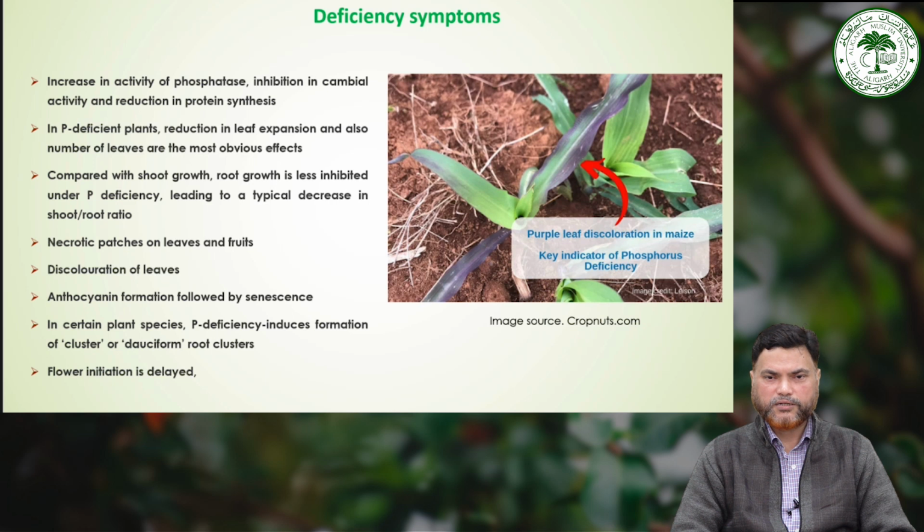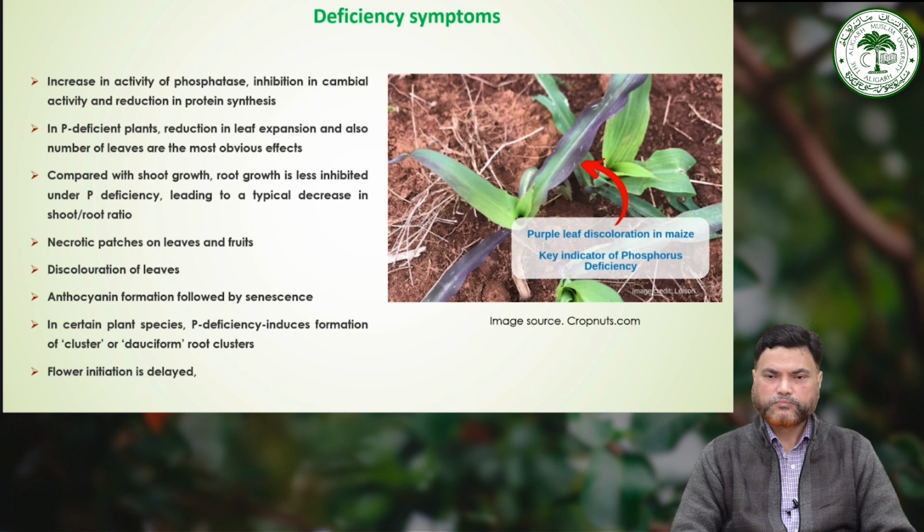And very interesting observation, you might have observed that purple discoloration appears in the leaf. So why does this leaf appear purple in plants facing deficiency of phosphorus? So basically, during the deficiency of phosphorus, plants respond by producing anthocyanin, which is a pigment that gives leaves a reddish color, but this is often followed by the aging process known as senescence.